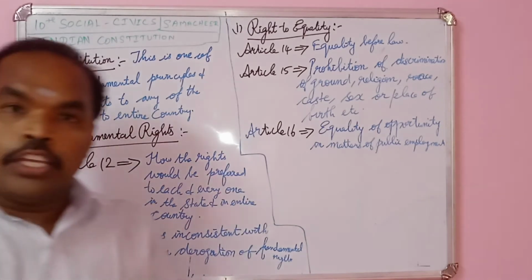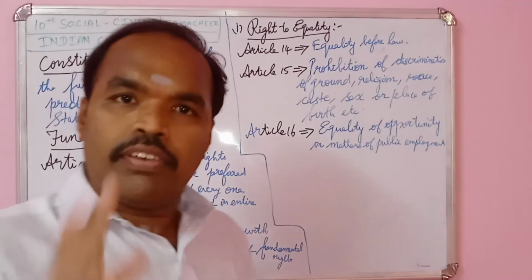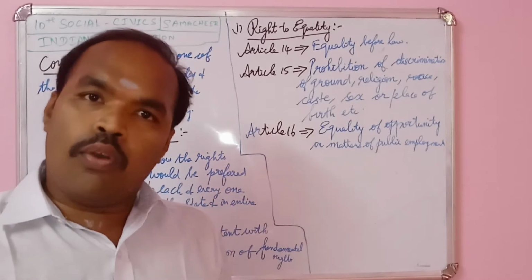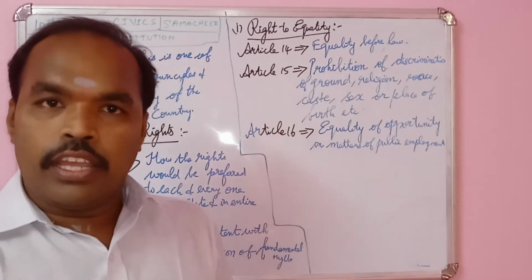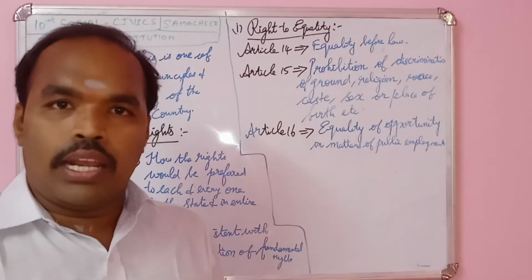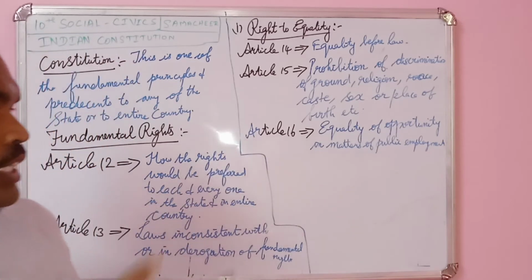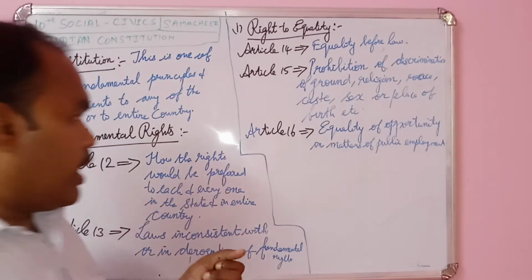Article 16, equality of opportunity, means wherever the opportunity comes, whatever caste the people applying belong to, everyone should be treated as equal. That is equality of opportunity in matters of public employment.